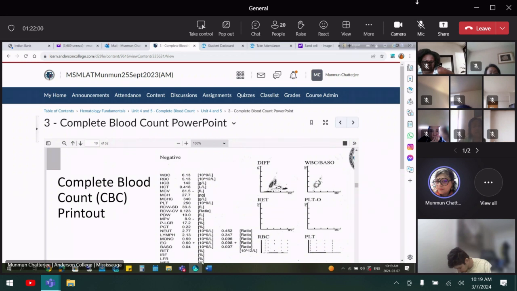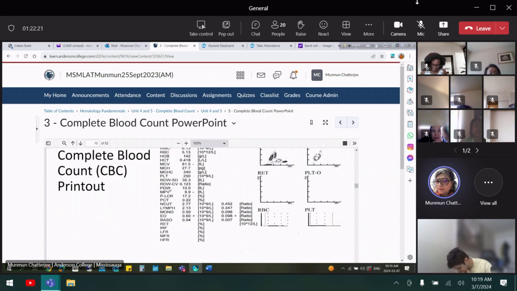This is the size. Red cell width, you remember we had yesterday: microcytes, macrocytes, normocytes. So this is the volume. We have learned the volume also. One is the size and another is the volume. So this can tell you everything.